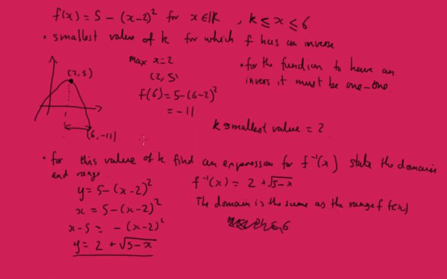The domain of the inverse is the range of f. So the domain is going to be minus 11 less than or equal to x less than or equal to 5. And the range will be the domain of f. So the range is 2 less than or equal to y less than or equal to 6. So hope that helps.